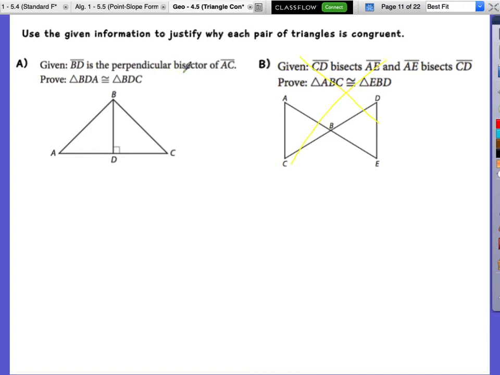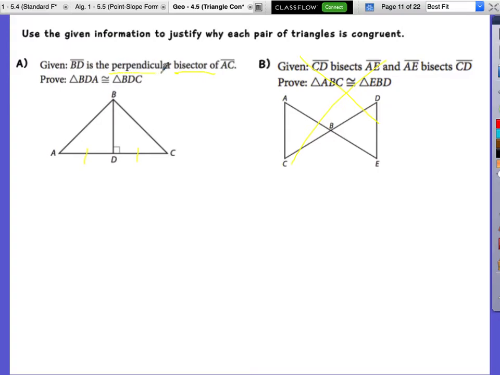What's a perpendicular bisector? BD is a perpendicular bisector of AC. What's that mean? Okay, Dominic's kind of showing me with his hands. One crosses the other. How do they intersect? Caitlin? Okay, straight down the middle, so it cuts this in half. That's the bisector part.